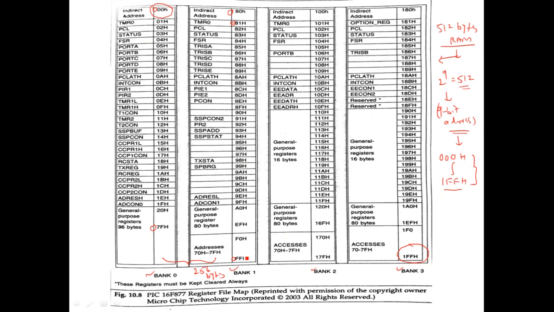After 0FF, the next address is 100 to 17F, and then 180 to 1FF. This totally comes out to be 256 bytes. So every bank has 128 bytes.